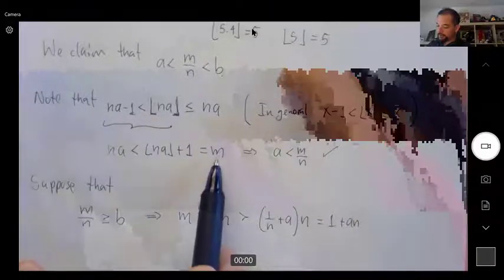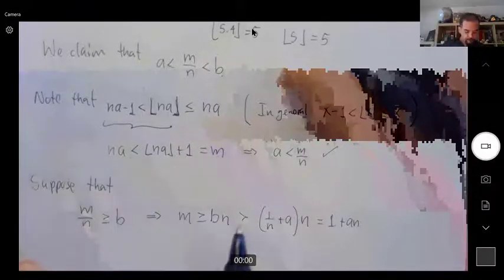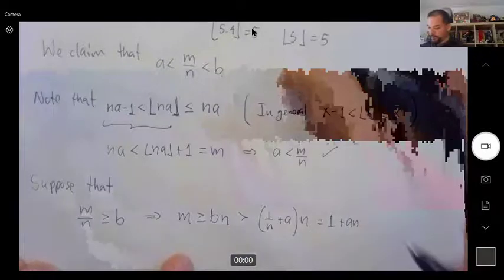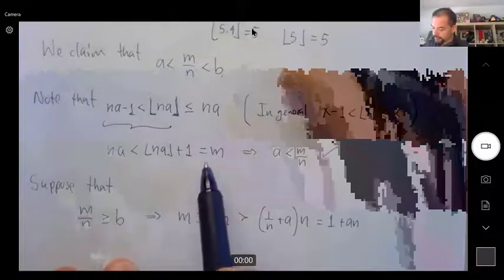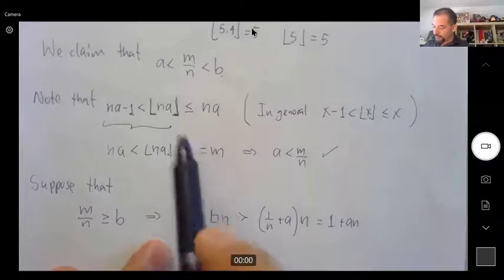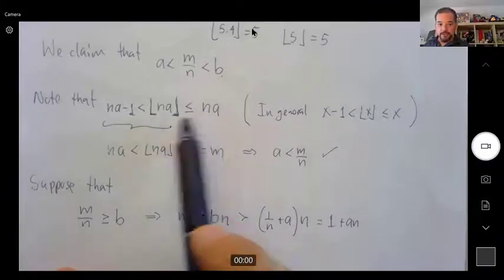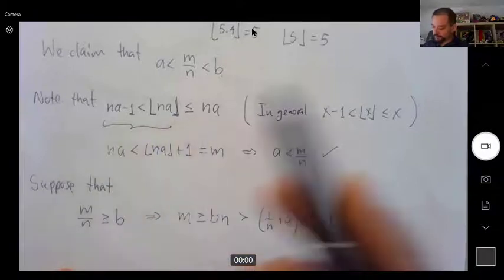Because look over here. We said that m is bigger than na, right? So now over here, which is the inequality that I want, the left inequality here, right? The left inequality over here, what does it tell us?